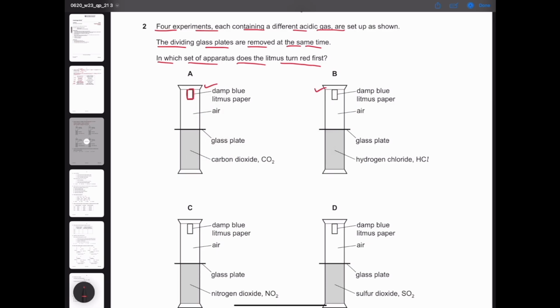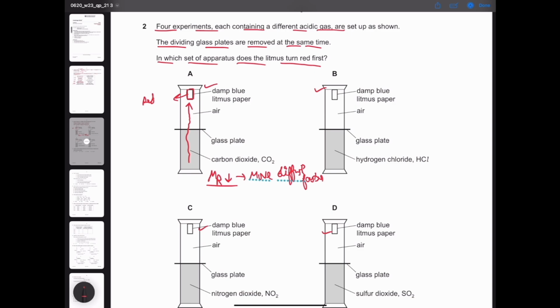Then they're using different types of acidic gas and asking which one will go up first and convert this into red litmus paper. So we know that the one with less relative molecular mass will diffuse faster, right? The gas with less molecular mass, since it is less heavy, will be able to move faster.